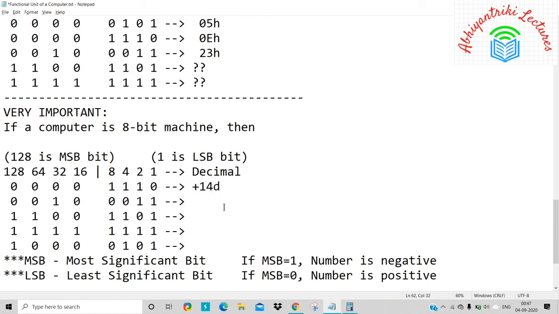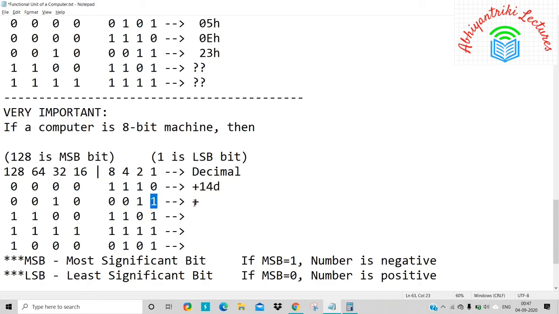Here I am converting from binary to decimal. Similarly for this one, now take the second example. The MSB bit is 0, so put plus here. Next, 32 plus 2 is 34 plus 1, 35.